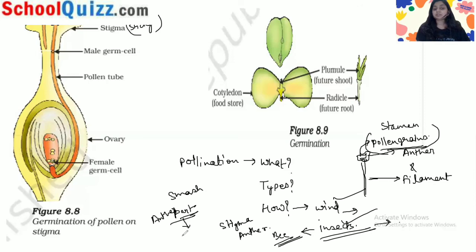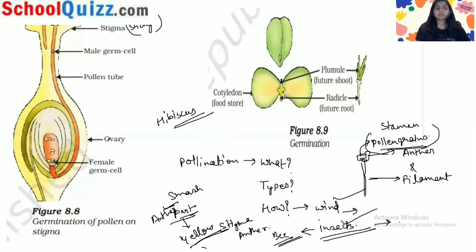Some yellow color sticks to your finger, and this yellow color is the anther of the flower. Let's take the example of the hibiscus. If you take a hibiscus flower and smash the anther part, it appears yellow on your finger. So this is actually the pollen grains. These pollen grains are transferred to the stigma.